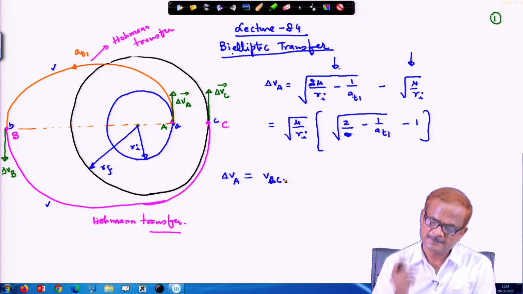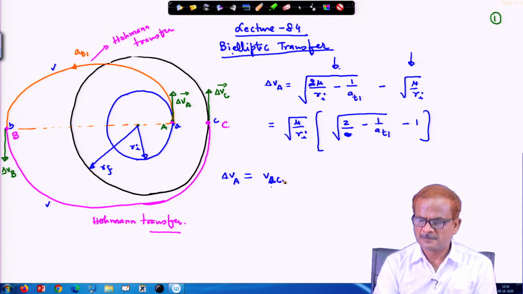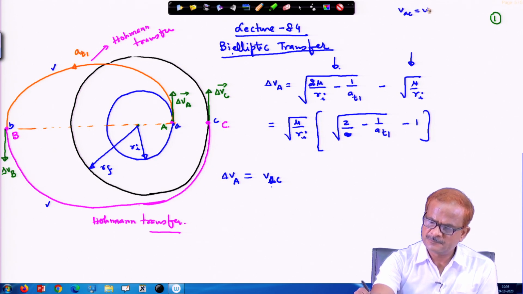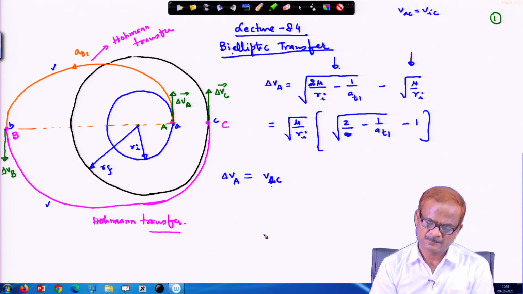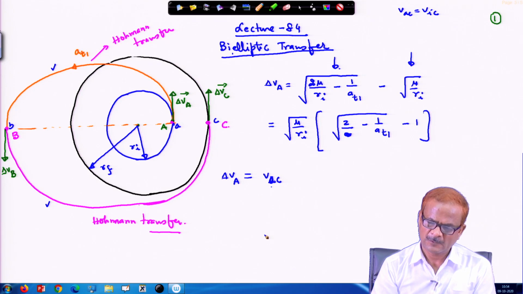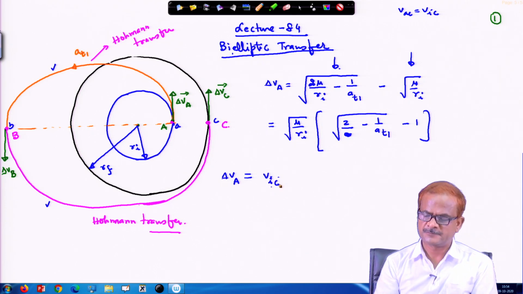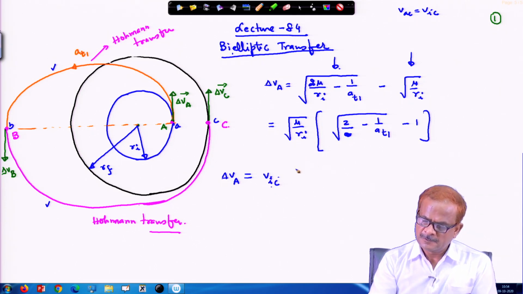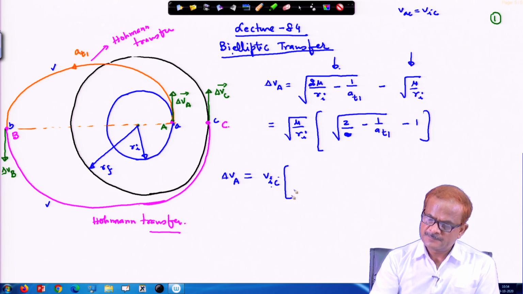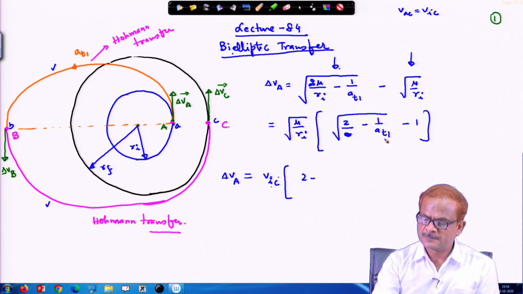So, V A C is the velocity at A in the circular orbit, and this equals V I C times 2 minus 1 by A T 1.